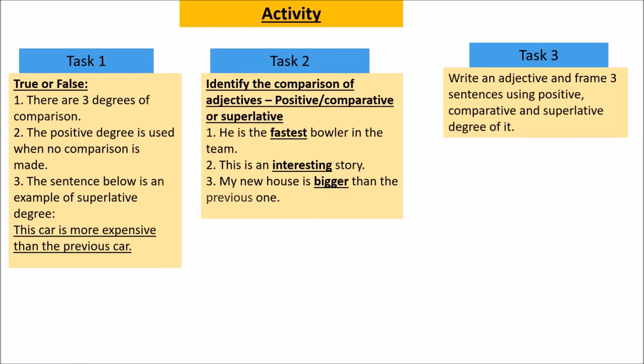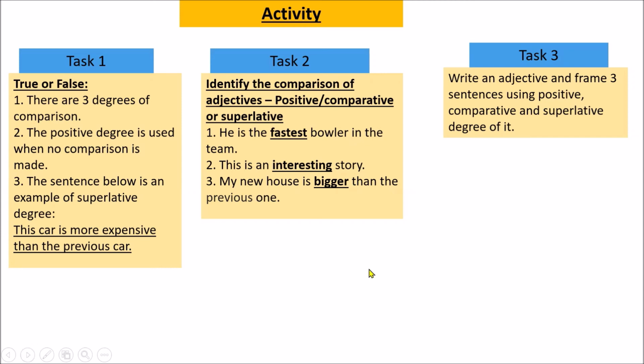If you think you are better at task 3, you can do task 3. If you want to do all 3, you can. Once you are done with the activity, mention in the comment which activity you chose to do and that you have completed it, and how you found it interesting and useful.